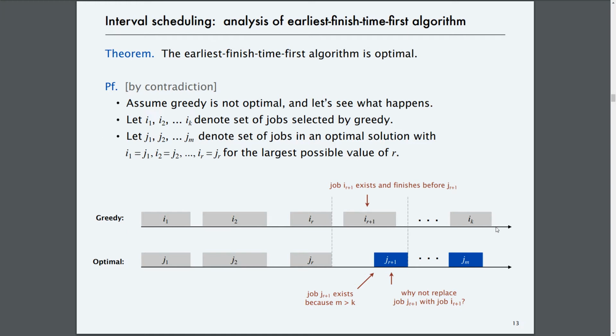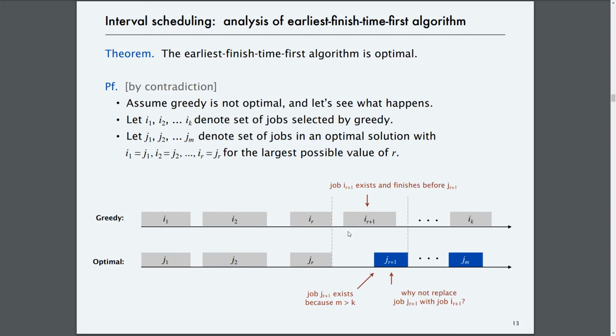Now, there's going to be a first element in which these solutions disagree. So here we have, at index r plus 1 in both sets, a different item.